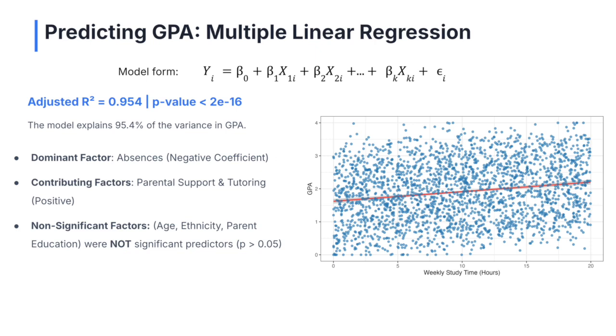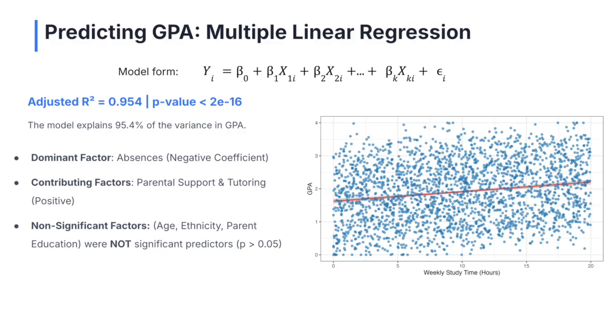Now, having understood the relationships in the dataset, we built a multiple linear regression model which aimed to predict GPA. The model included variables like study time, absences, and support. The results were pretty strong, showing an adjusted R-squared value of 0.954, with a p-value very close to 0, making it highly statistically significant.